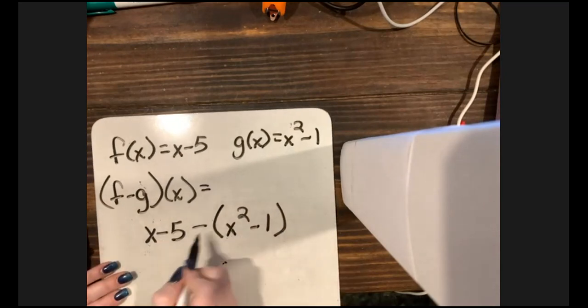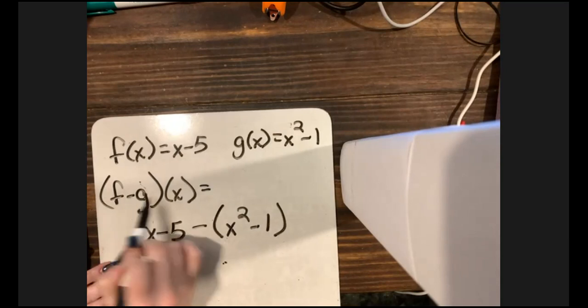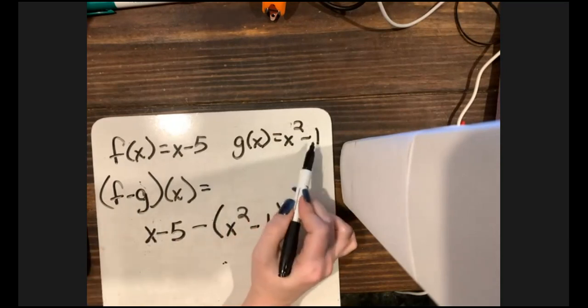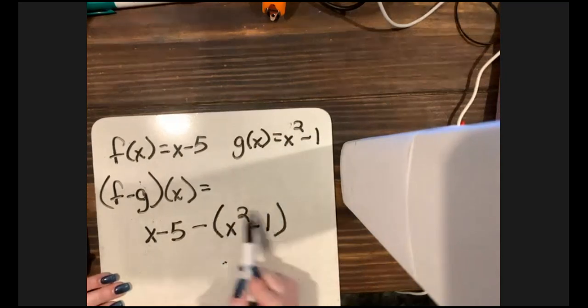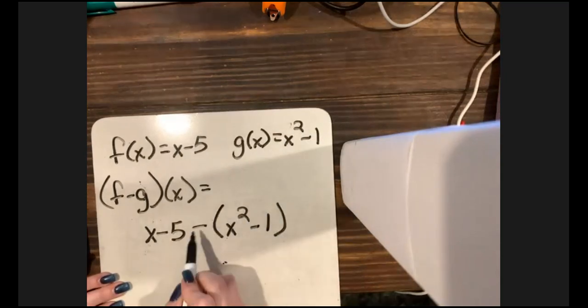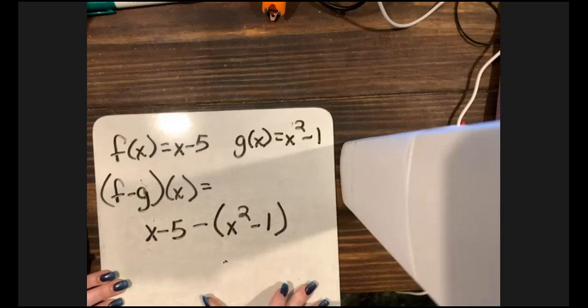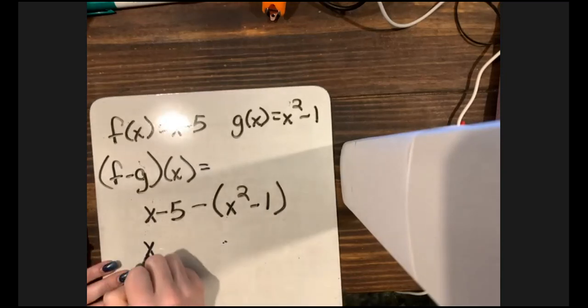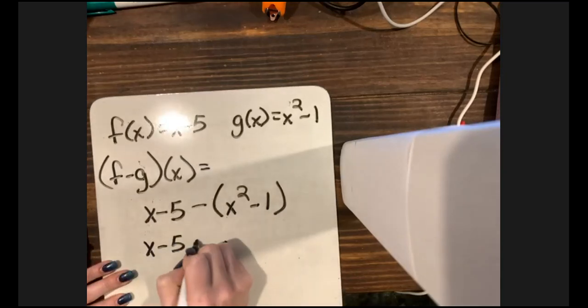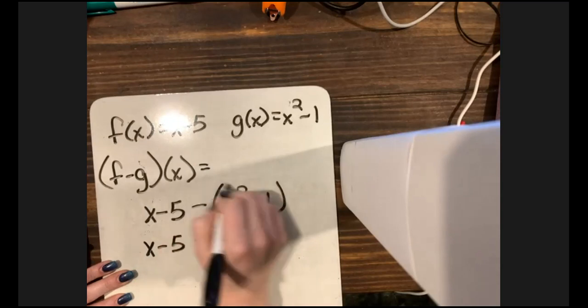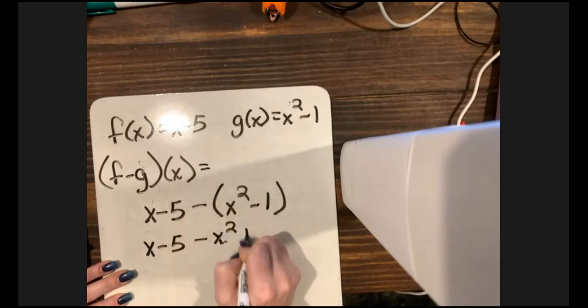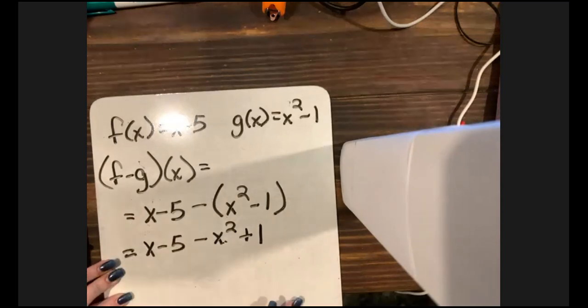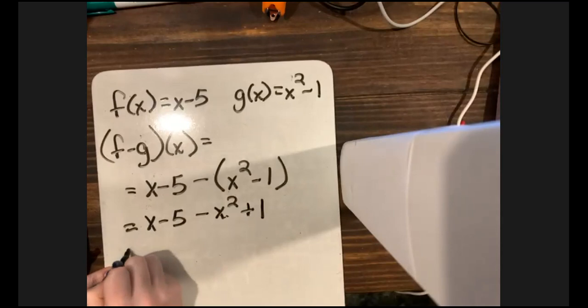Okay, so now, because I'm subtracting the second one and there's more than one piece, I am going to use a set of parentheses here to make sure that I'm subtracting all of this, okay? So now I'm going to distribute that negative. And again, same thing, we're just going to clean this up.